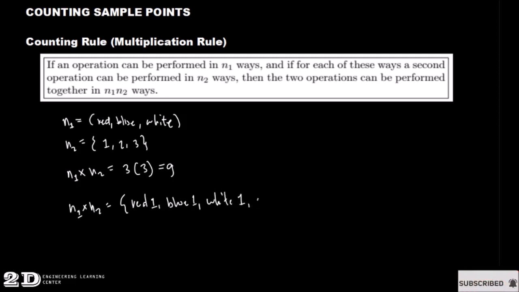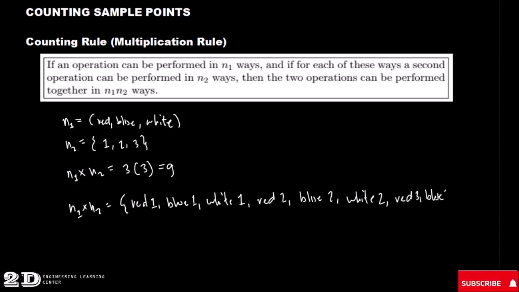Then red 2, blue 2, and white 2. Then red 3, blue 3, and white 3. Okay, if we count our sample points, we have 1, 2, 3, 4, 5, 6, 7, 8, 9. So basically we have 9 ways.